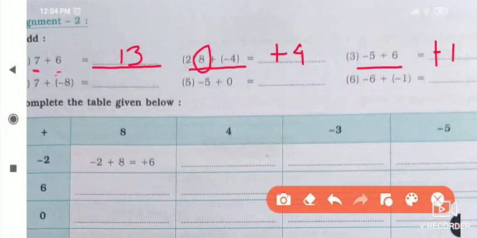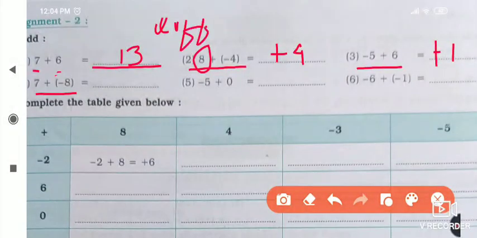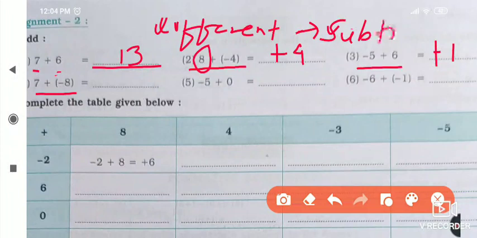Then the next, question number 4, is 7 plus minus 8. The signs are different: 7 is positive and 8 is negative. If signs are different, we have to do the subtraction. I told you before, if signs are different we have to do subtraction, and if signs are the same, we have to do the addition.